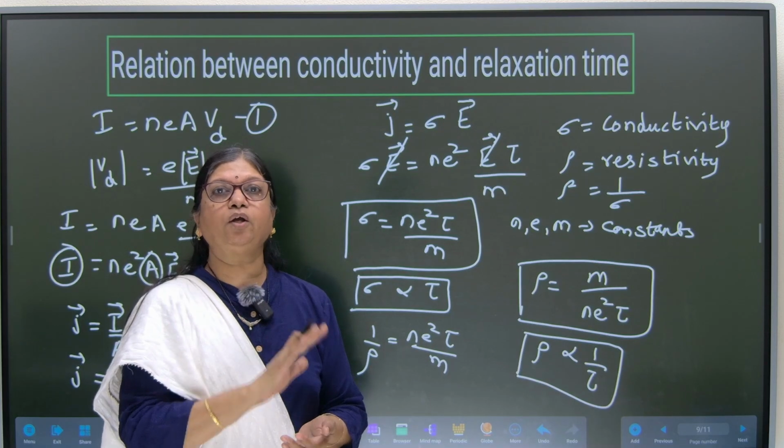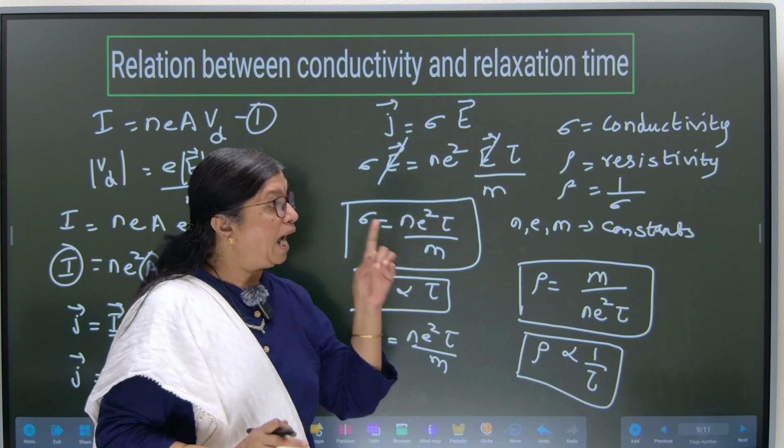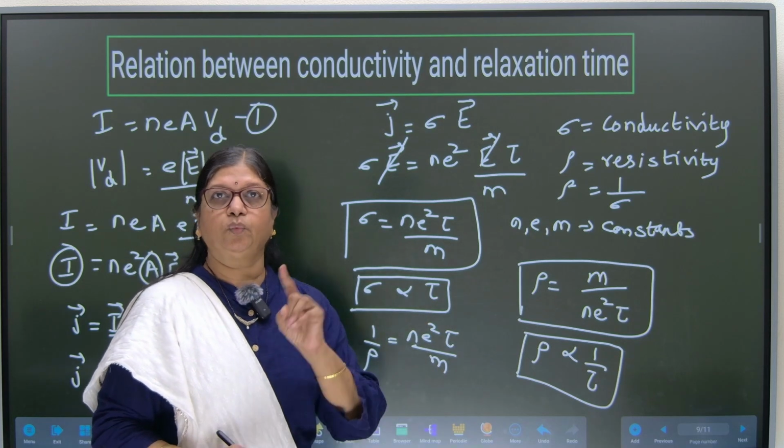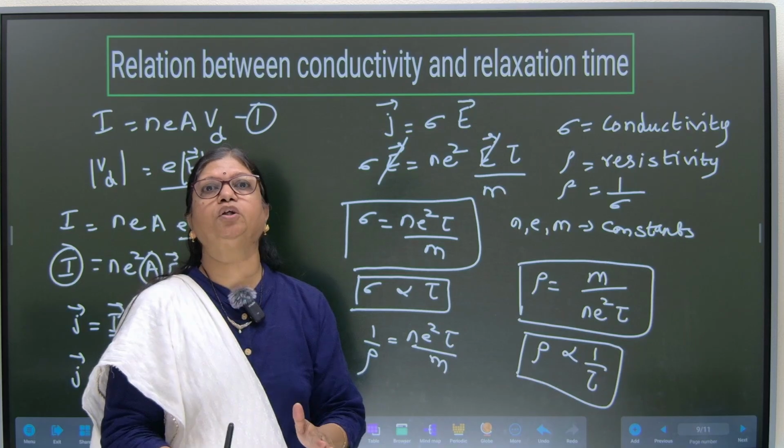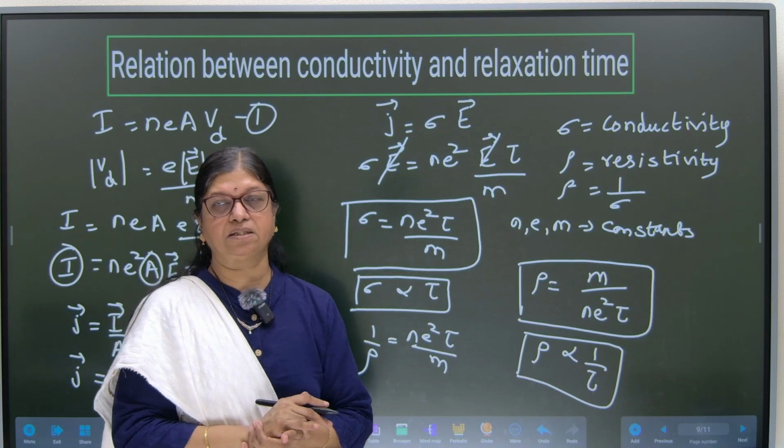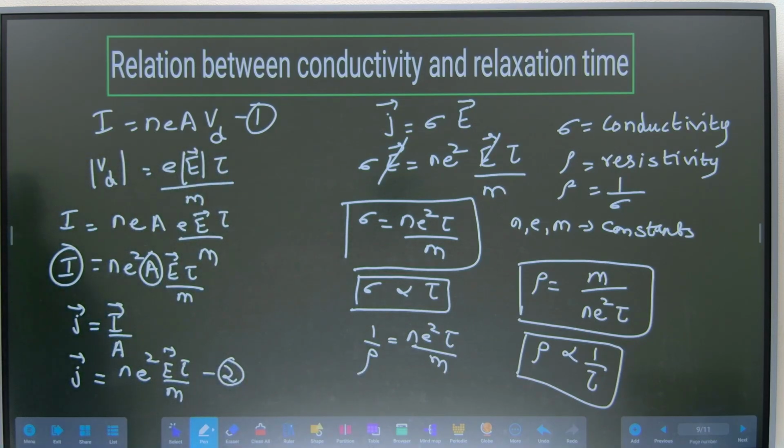I hope you have understood this concept and this proportionality, which is useful both for the board and the entrances. So take a pic and keep watching the video till the end. In the next page, we will derive a relation for the mobility of the charge carriers. Fine, please take a pic.